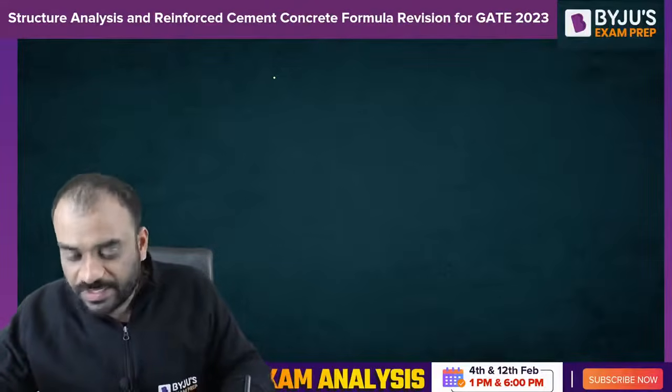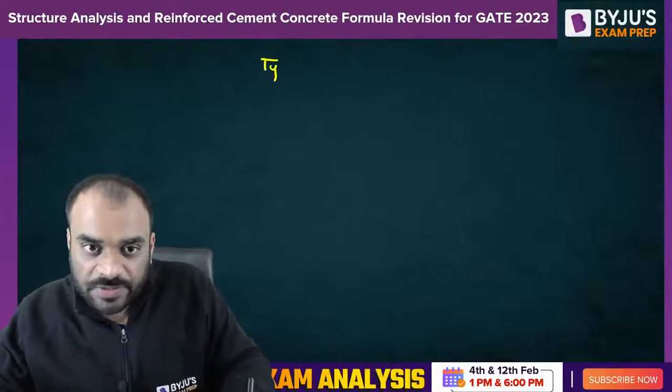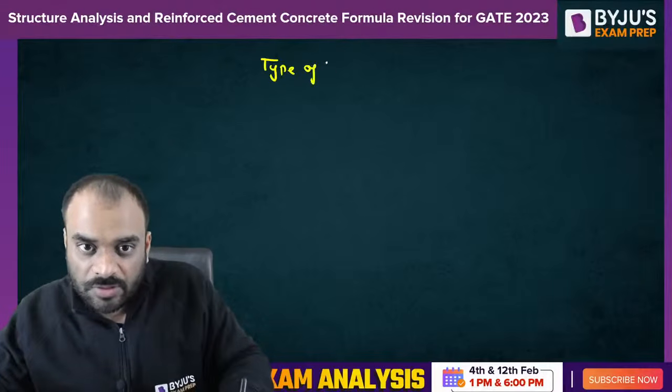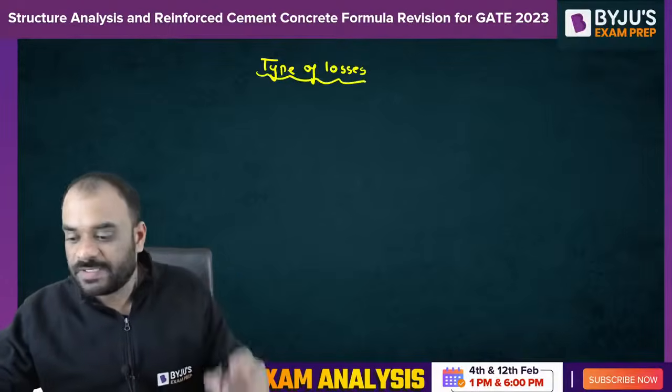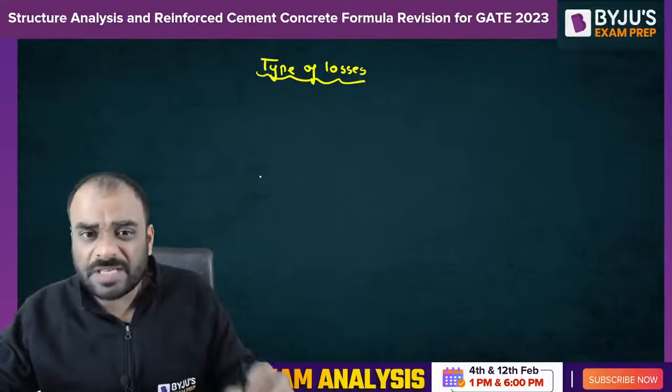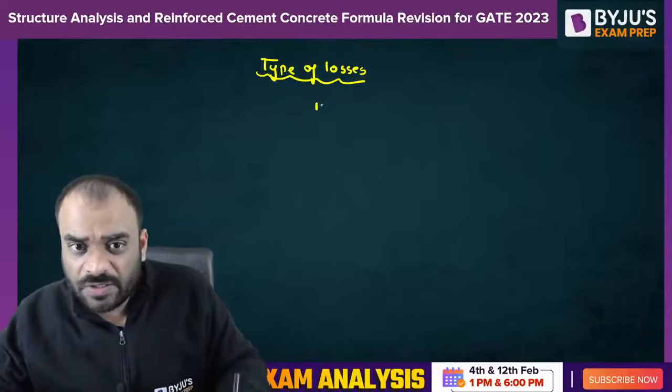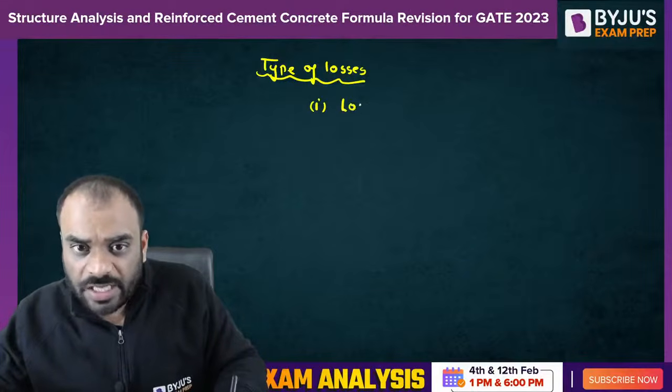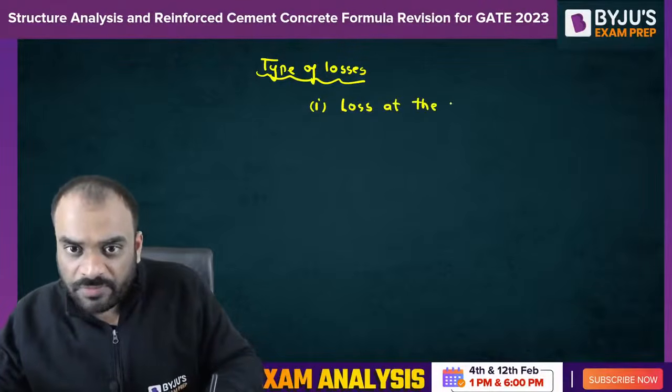Okay, let's understand the last thing, which is basically the type of losses. So guys, there are various types of losses in case of pre-stress. One is loss at the time of tensioning.